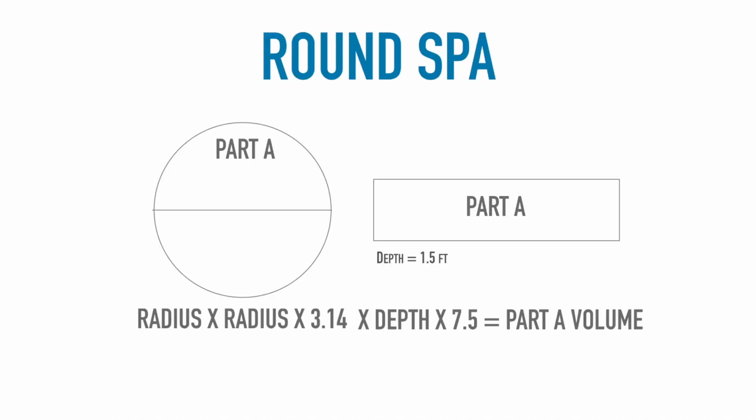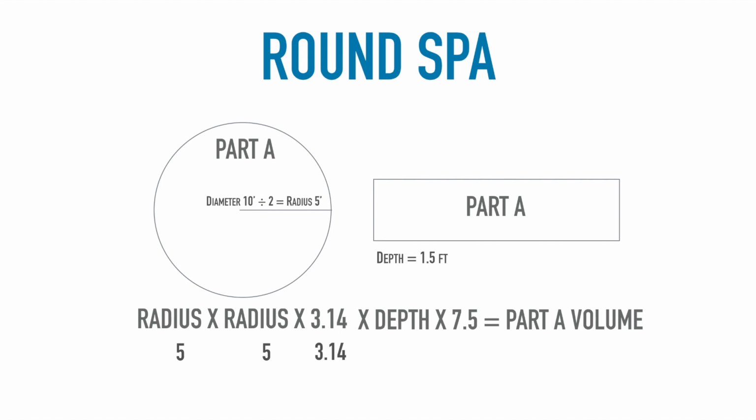Now remember, the question tells us the diameter of that top section. The diameter of the top section is 10 feet. So to find the radius, we're going to divide that number by 2, and we'll discover that the radius is 5 feet. So now we need to do radius times radius. So 5 times 5 times our 3.14, our constant, times our depth.